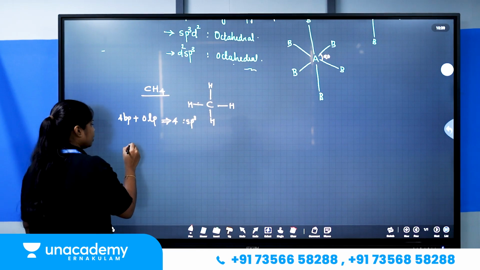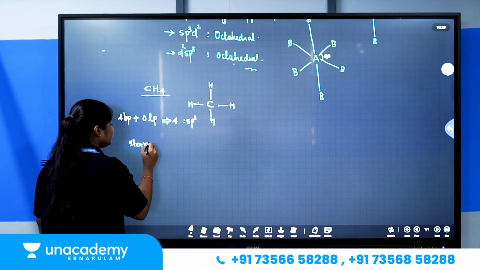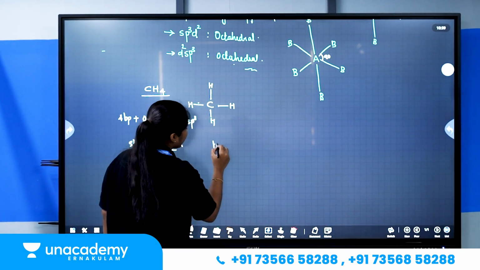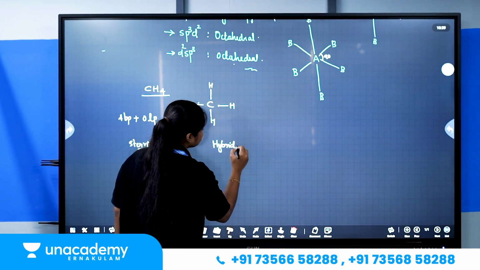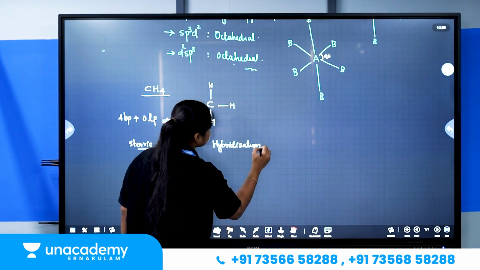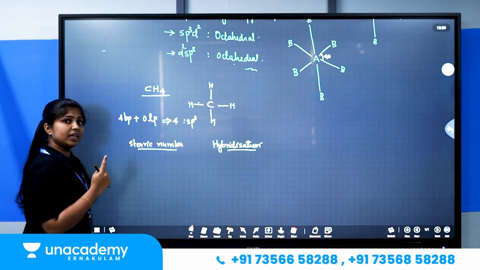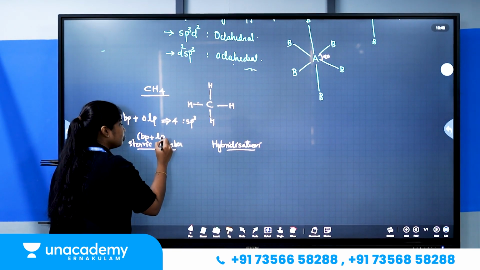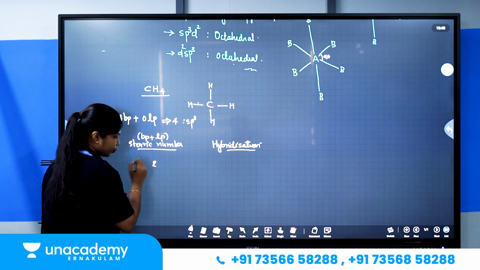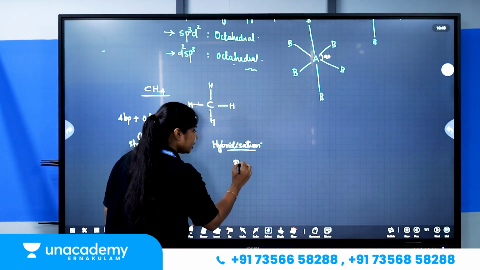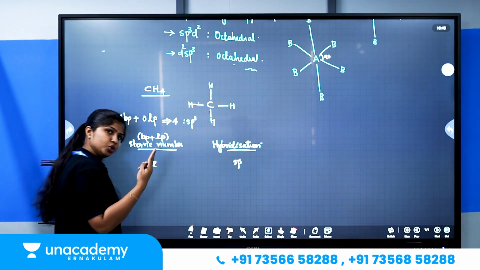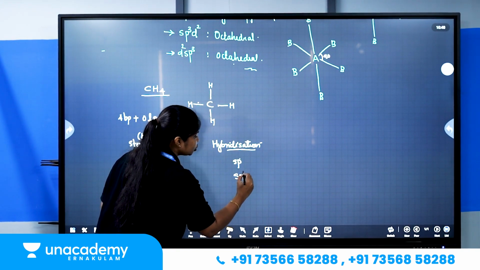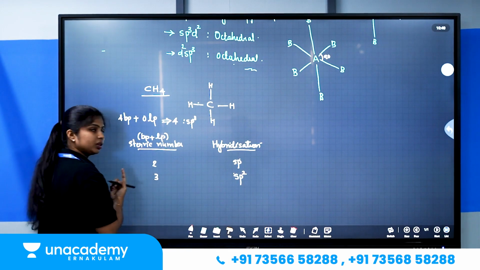So let's see steric number and the corresponding hybridization. What is steric number? Number of bond pairs plus number of lone pairs. If it is 2, it will be sp, actually it is 1 plus 1, 2. And if it is 3, then it will be sp2, 2 plus 1, 3.